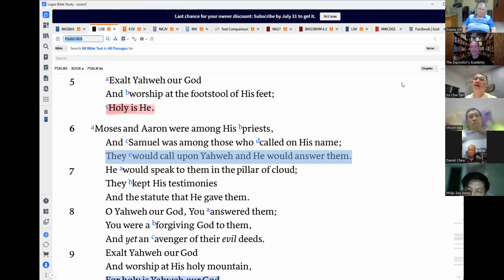Is it emphasizing that that is what the true heroes of faith in the history of Israel, Moses, Aaron, and Samuel, did? They would call upon Yahweh and he would answer them, so that the audience of Psalm 99 will be encouraged to follow the footsteps or the example of Moses, Aaron, and Samuel? Or was he just stating a historical fact in the past?